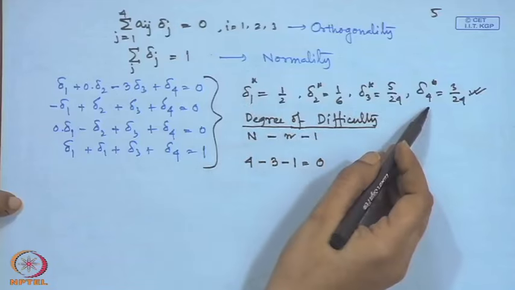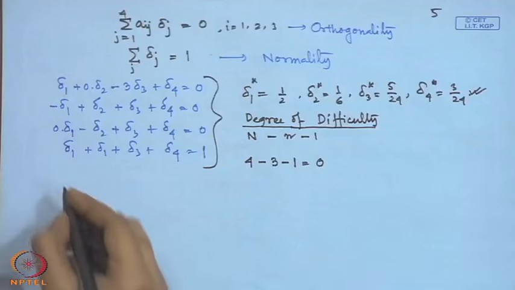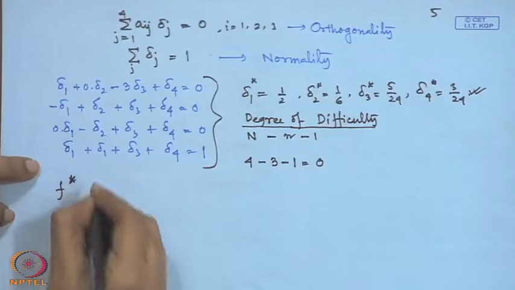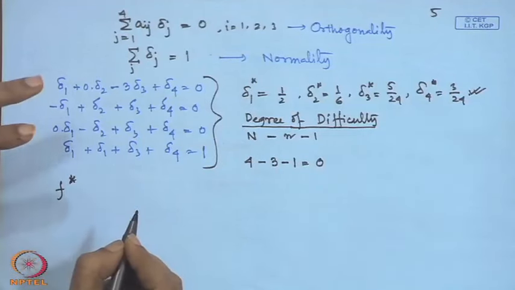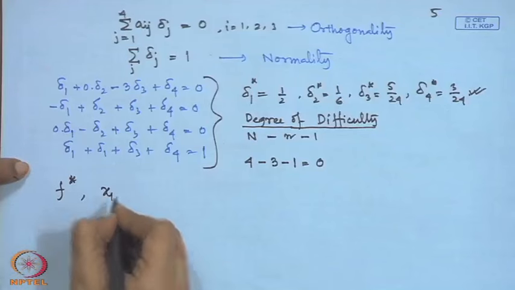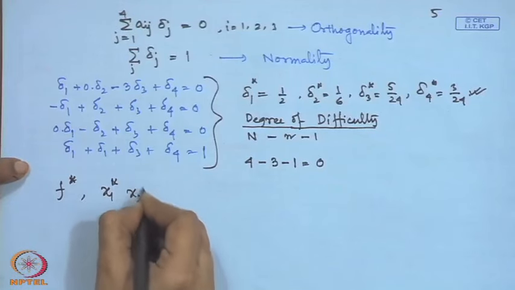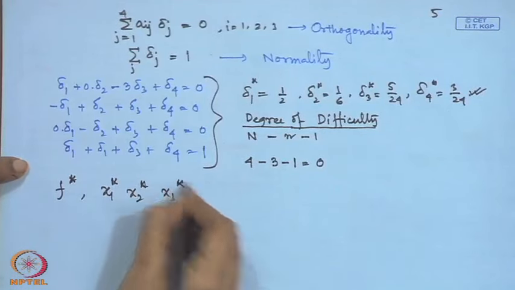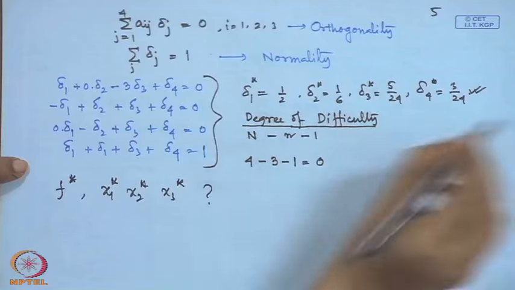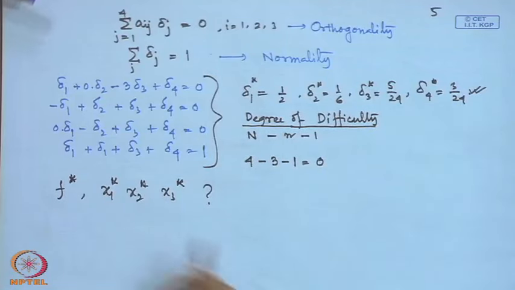Now, once we are getting delta 1, delta 2, delta 3, delta 4, what is our target? Our target is to find out the objective functional value at the optimal level. Not only that, the decision variable values as well. We do not know these values, we only know the values of deltas, and from here we need to calculate all these 4 values.